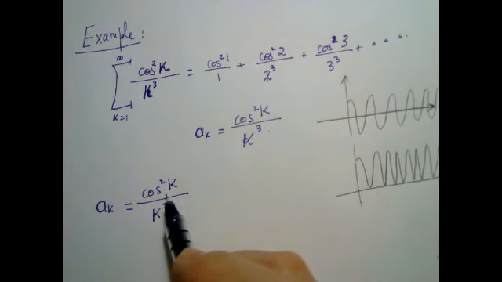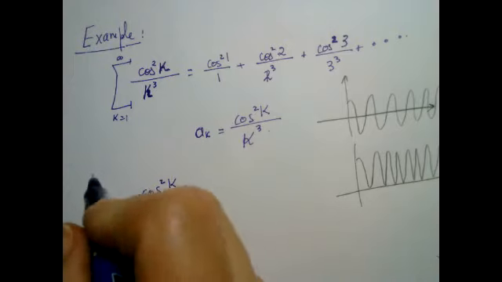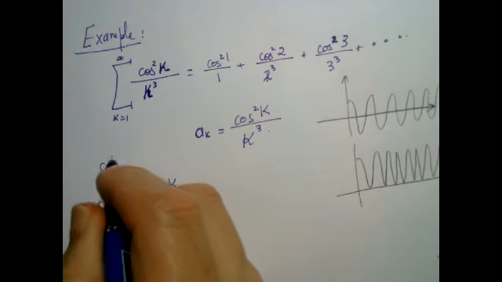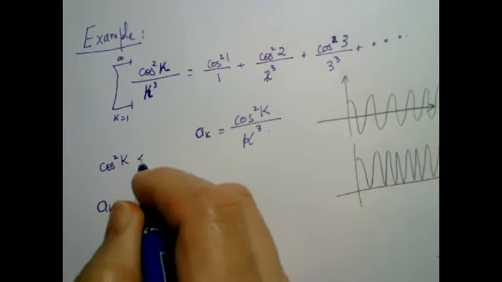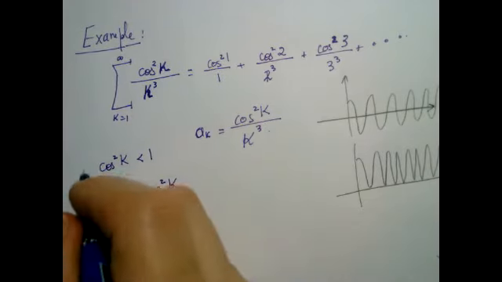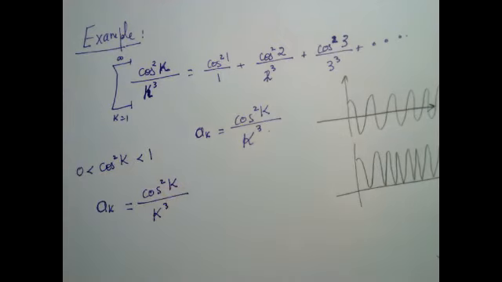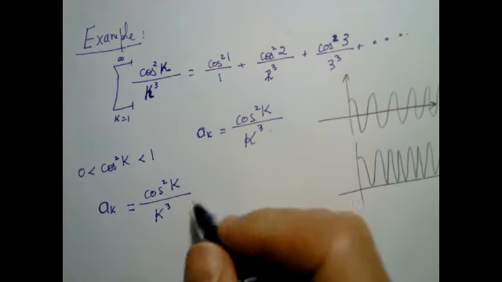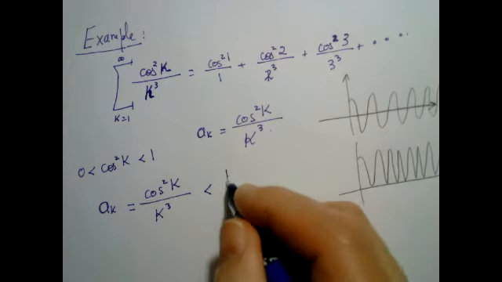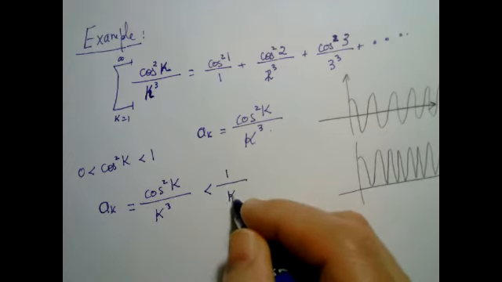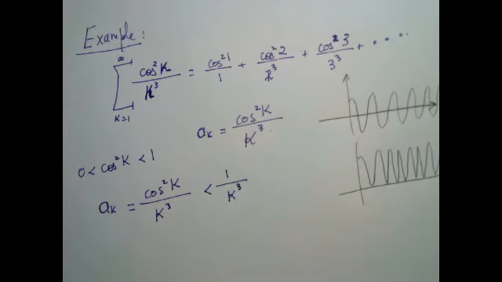Even though we don't know what it gets close to, there is one thing we know: cosine squared is always less than or equal to 1. So a_k is always less than 1 over k to the power 3, because the numerator is less.